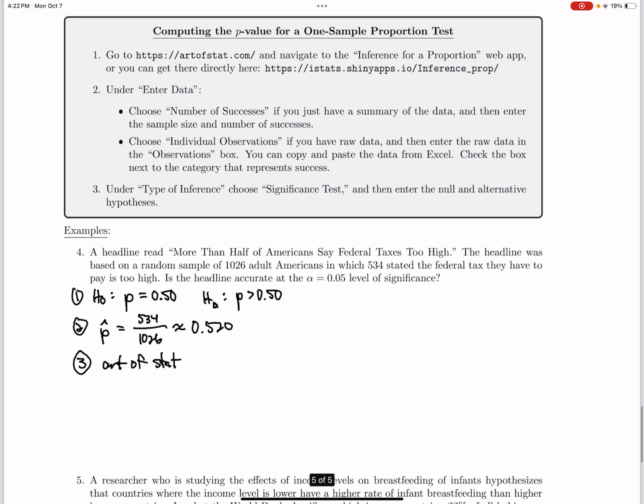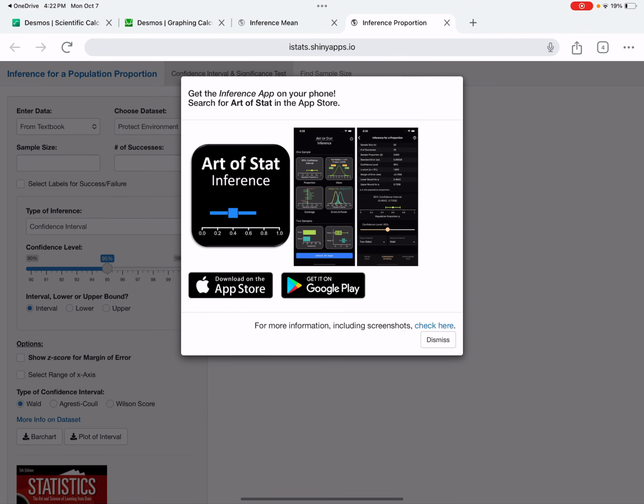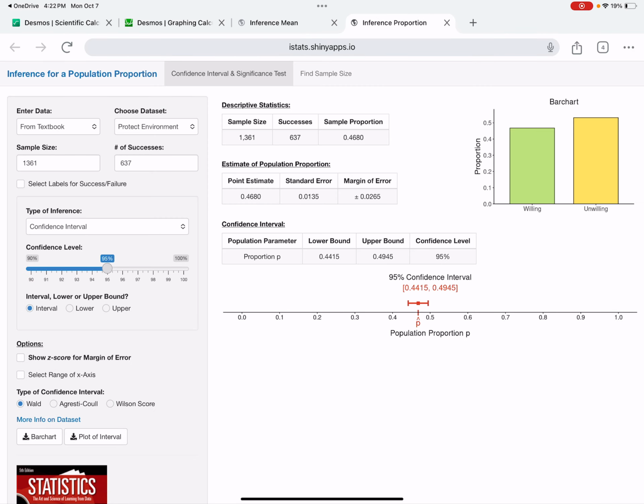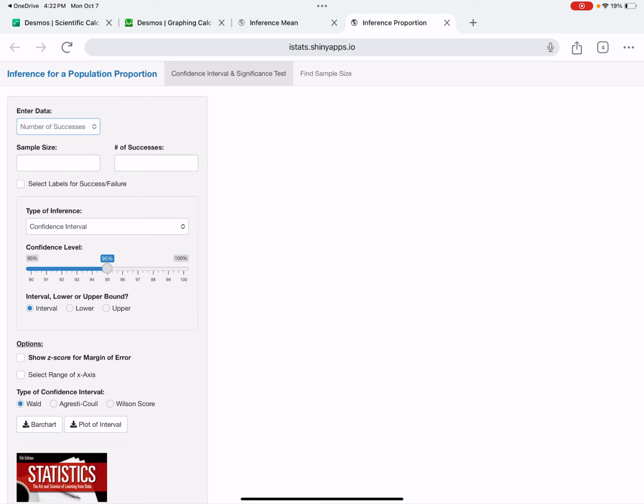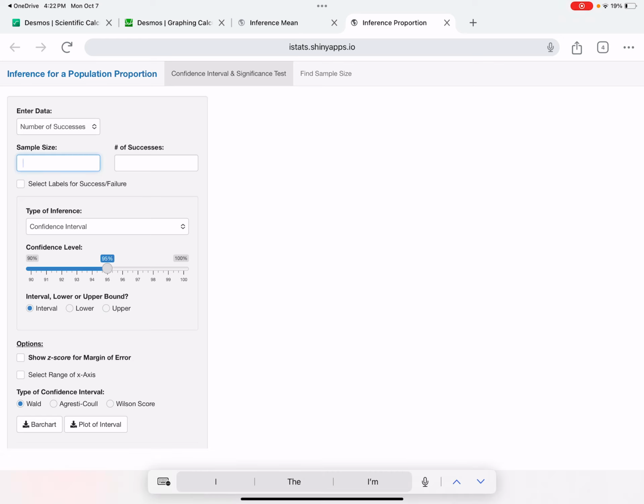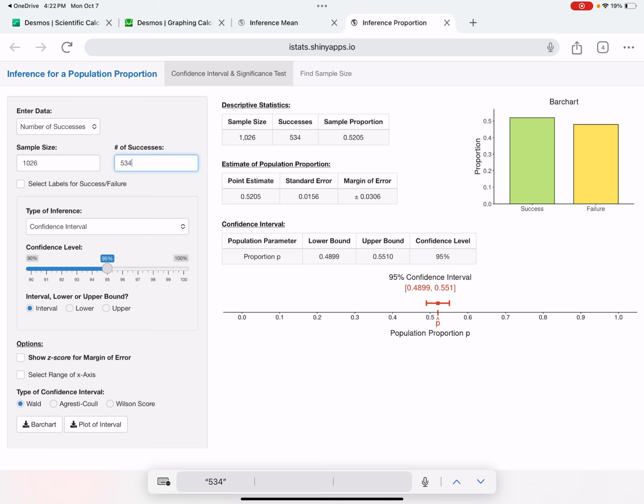So let's follow that link. Dismiss. You could download the app or whatever. I'm going to do number of successes. That's where we're going to put in our sample evidence. Our sample size in this example was 1,026. And the number of successes was 534. I don't want a confidence interval.